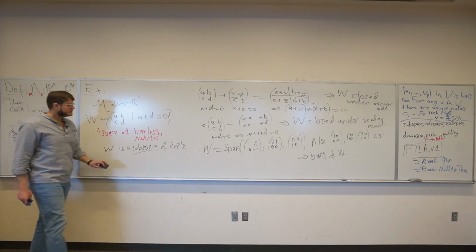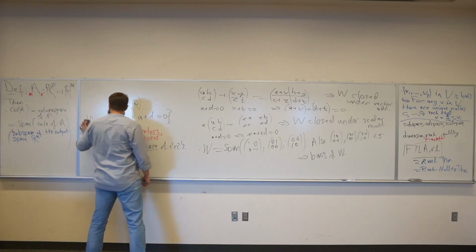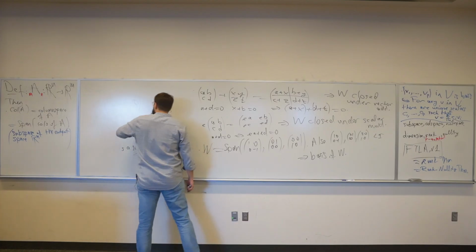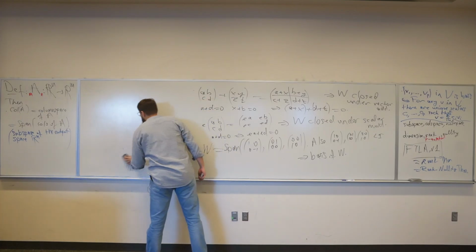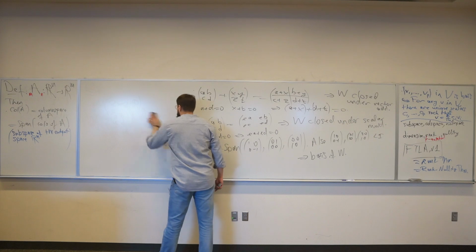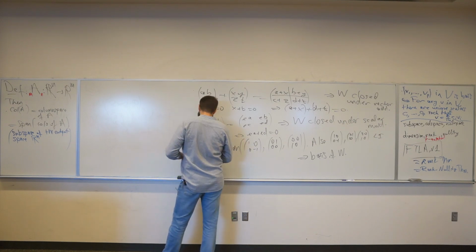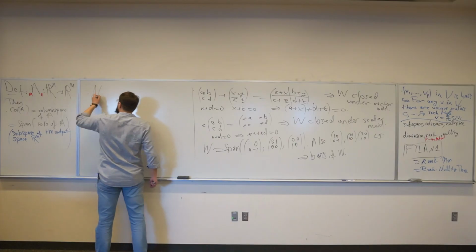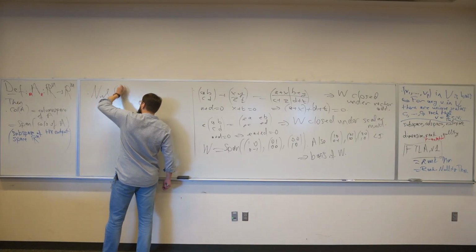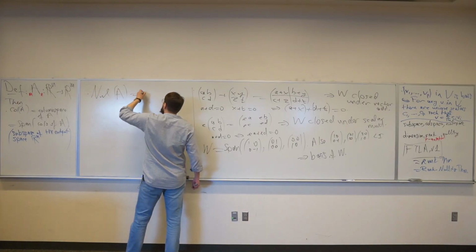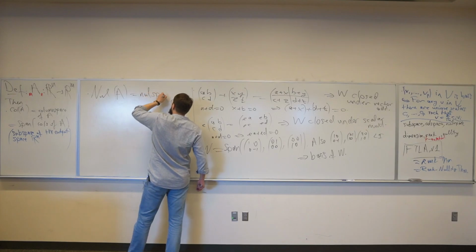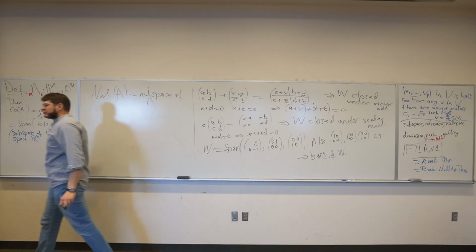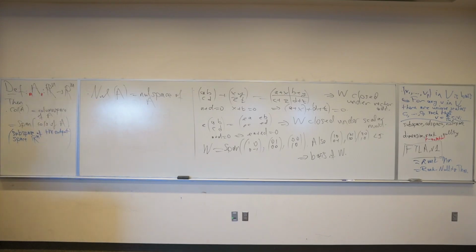That's the column space. Null space. I think the notation for this is Nul of A, null space of A. You might also see the word kernel.